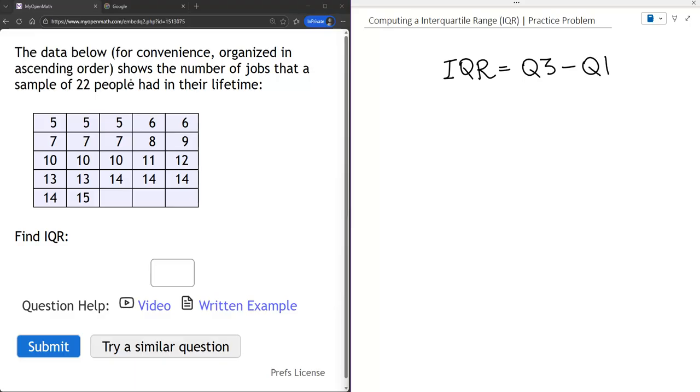But what does IQR really represent? We previously learned how to find the 5-number summary, which is simply a list of all quartiles: Q0, Q1, Q2, Q3, and Q4.